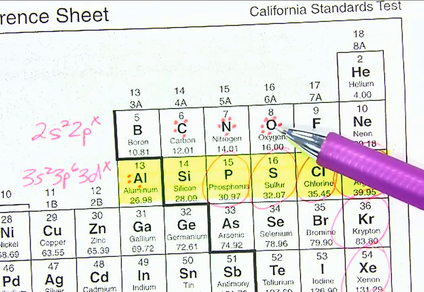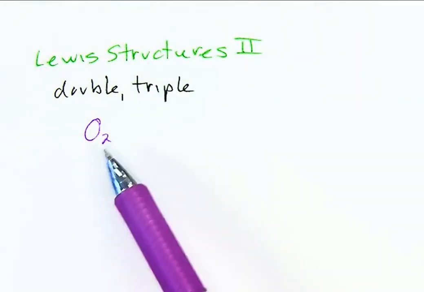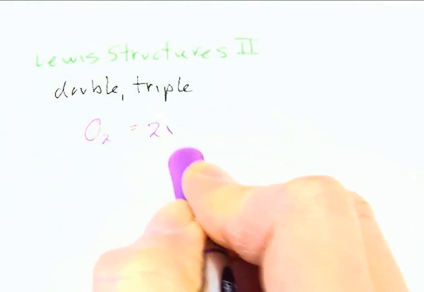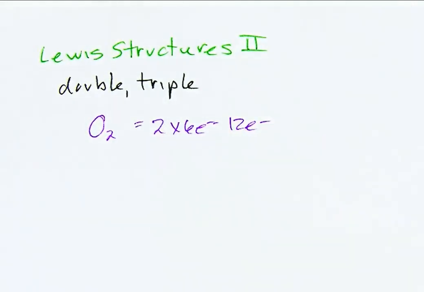And so we talked about how they're arranged, but we don't really even worry about that. We just need to know that there are 6 electrons. Okay? So we do have 2 of them though, so that's going to be 2 times 6 gives us 12 electrons that need to be distributed around this oxygen atom.